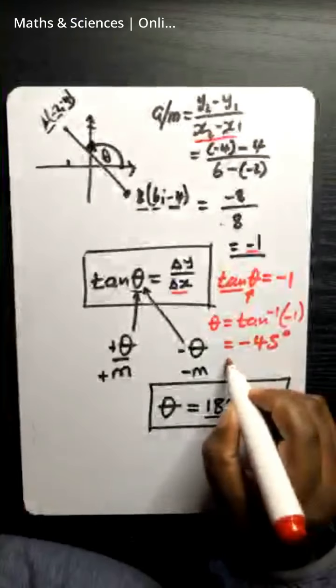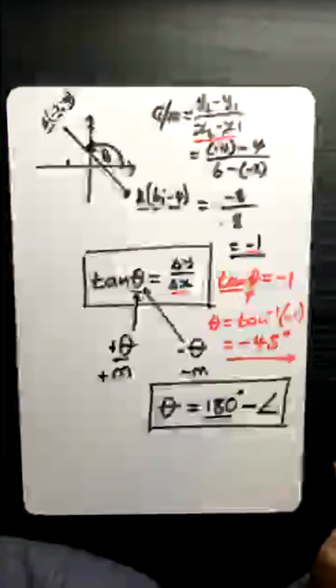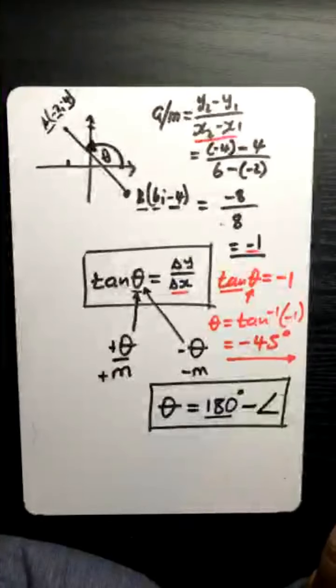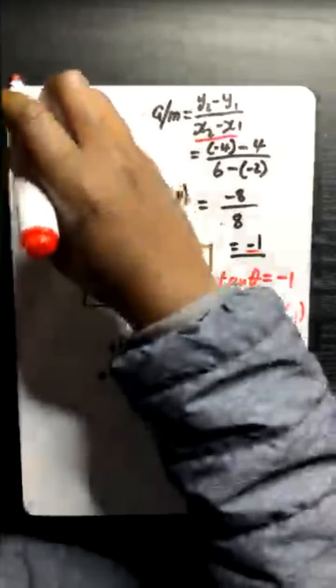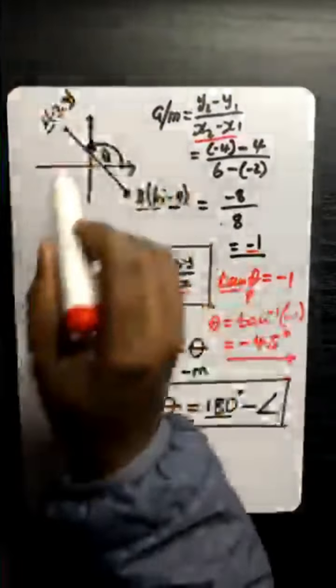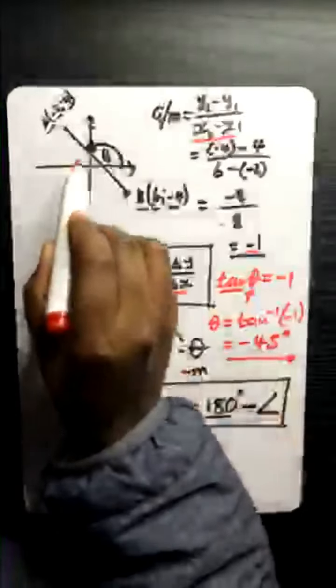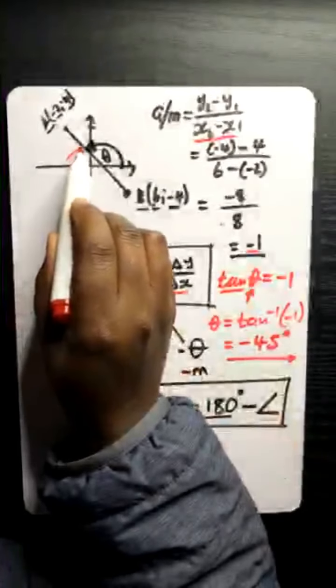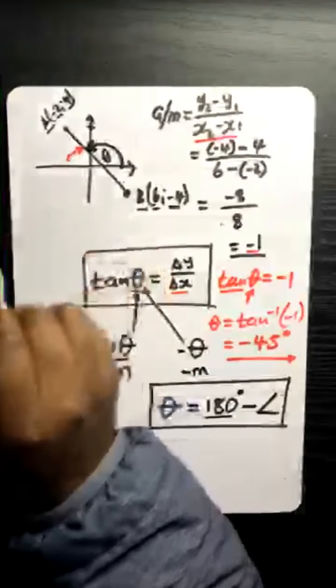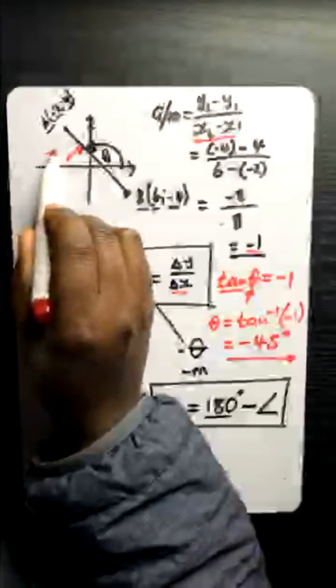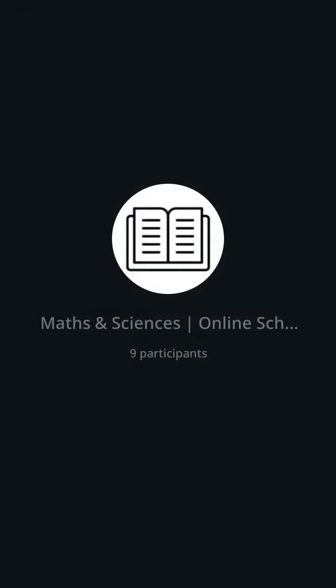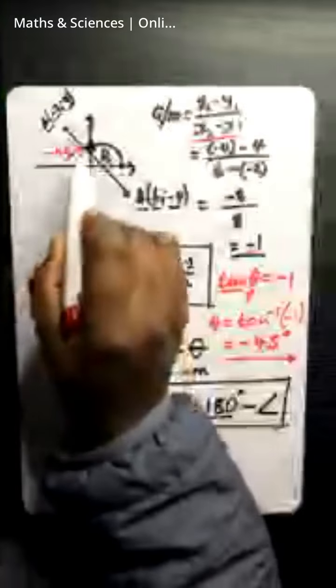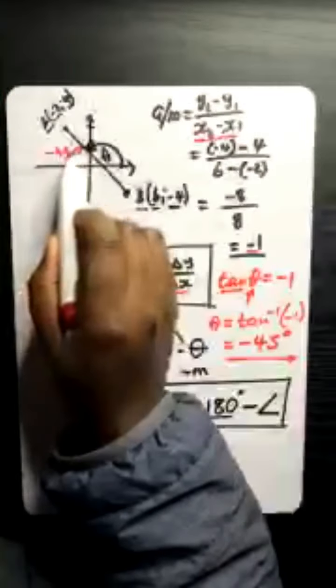Yes, we are getting -45. I want you guys to pay attention to this. Very, very much important, ladies and gentlemen. So this -45, what angle is it? The negative gives you this angle. So that means this angle is -45 degrees.